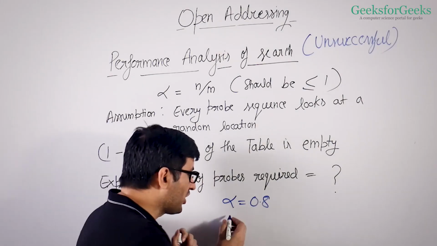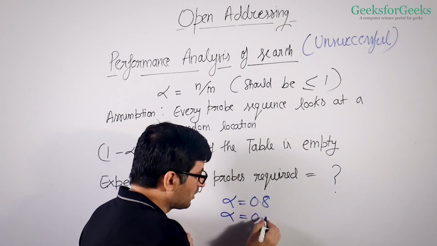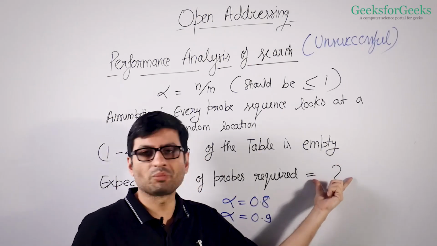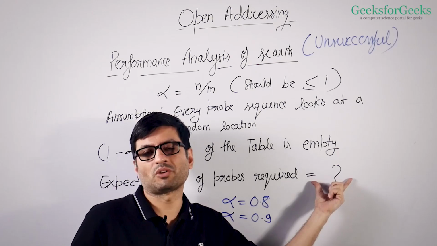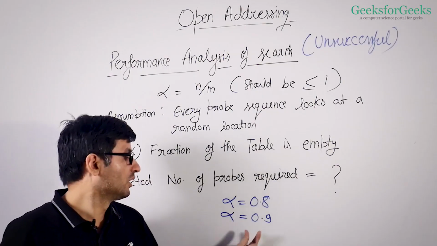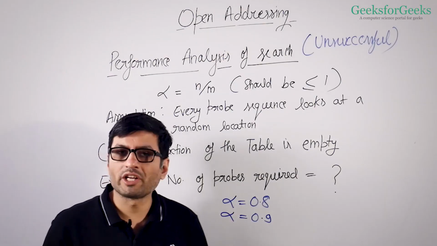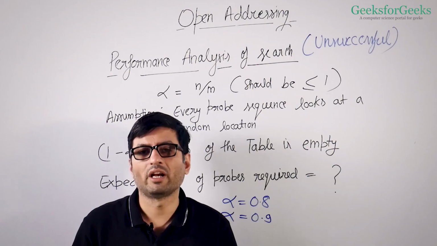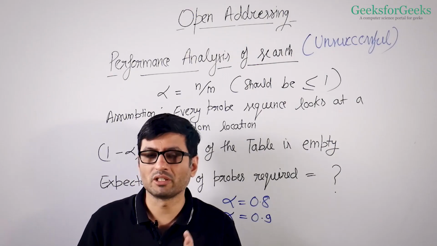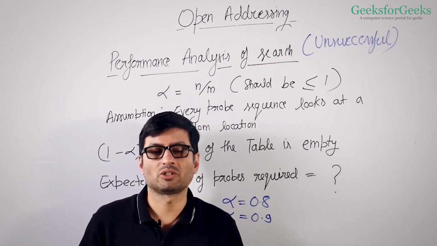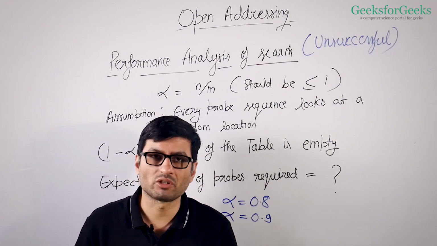If your alpha is 0.9, I'm just trying to give you an intuition of what the number of probes for an unsuccessful search should be. And if you have guessed it already, that's great. If 90% of your table is occupied and 10% of your table is free, how many probes will you take to reach one of those 10% slots?